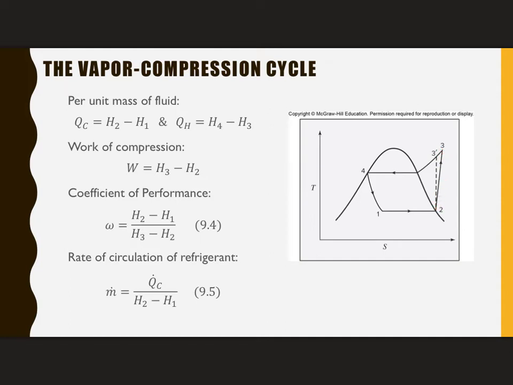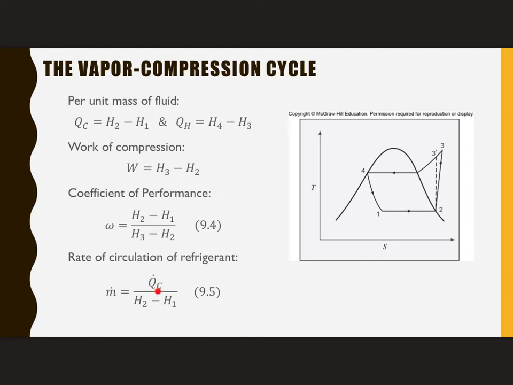This gives me enough information to calculate the coefficient of performance, H2 minus H1 over H3 minus H2. Now, let's say you know how much cooling you need. I have a mass of food or a room at a particular temperature that I need to cool, so I need to take so many kilojoules of heat from that material.